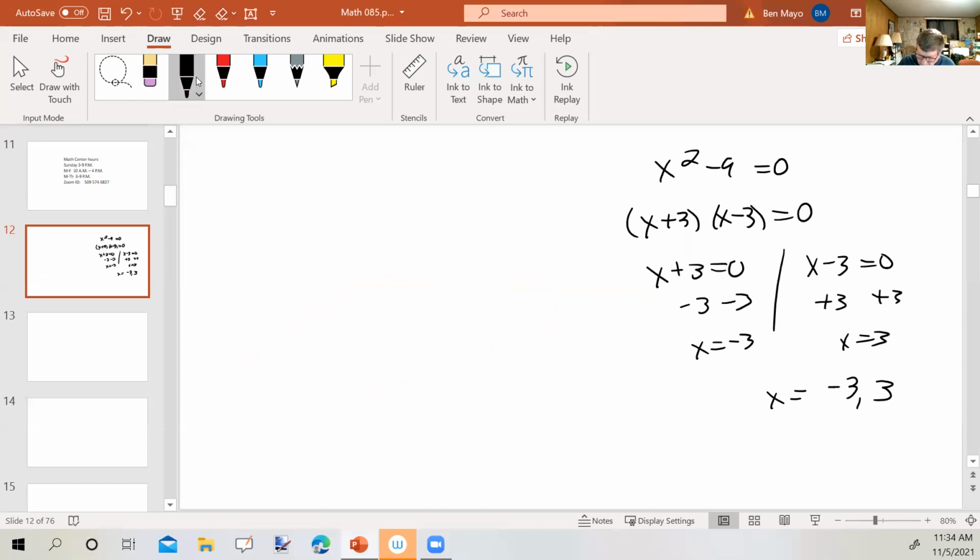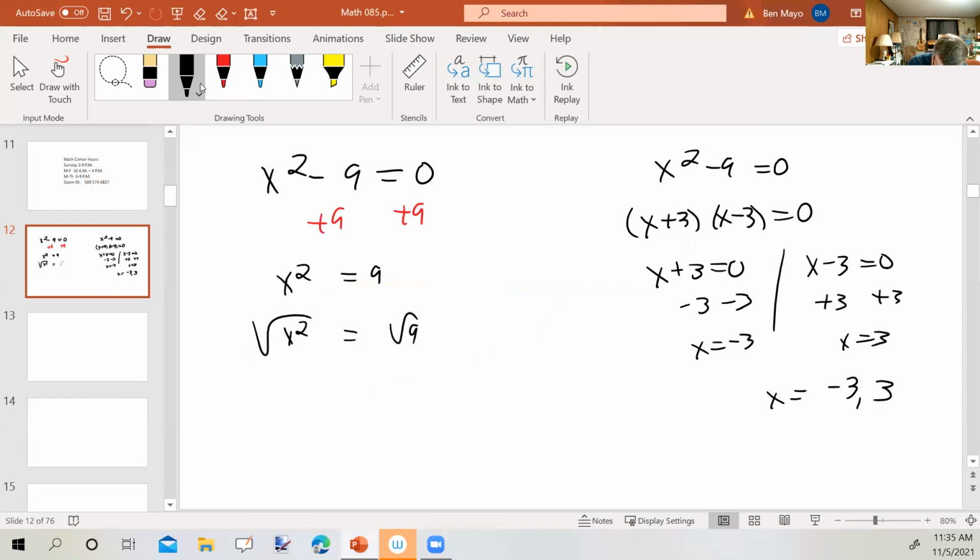So now, let's do the same problem, but using this new method. This new method, we'd add 9 to both sides of the equation. We get x squared equals 9, okay? Then we'd take the square root of both sides, and we get x equals 3. But wait a minute, we already determined that there were two solutions. So to accommodate for that, what we do is this.